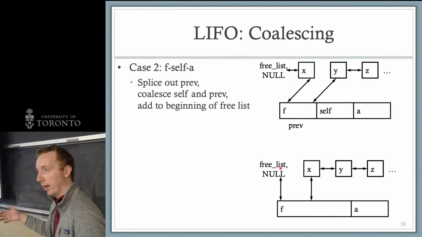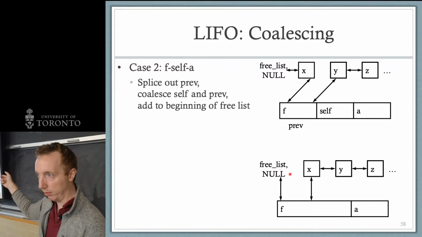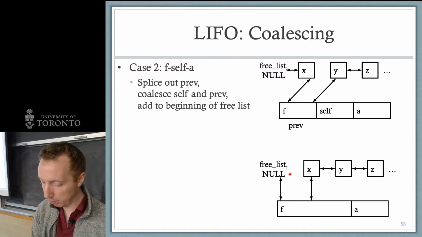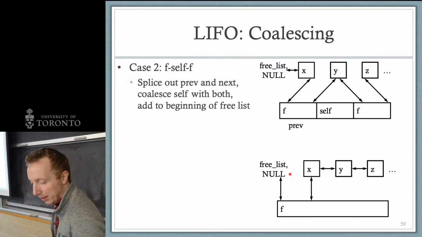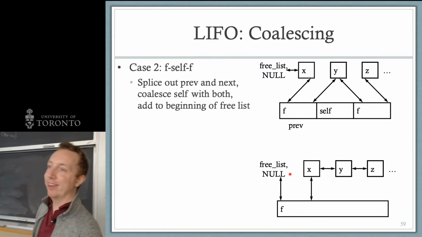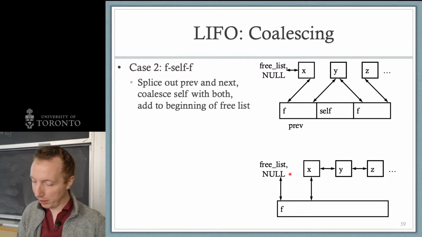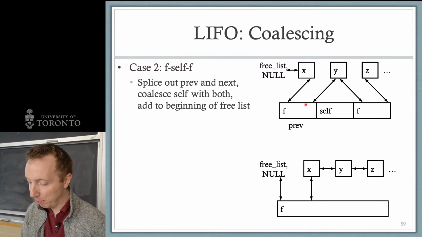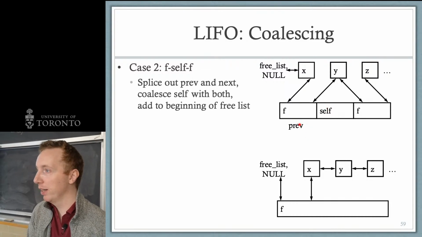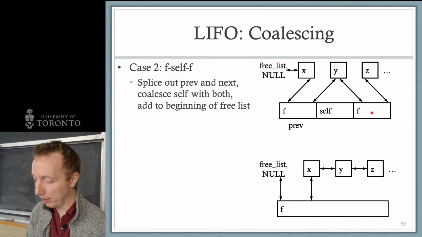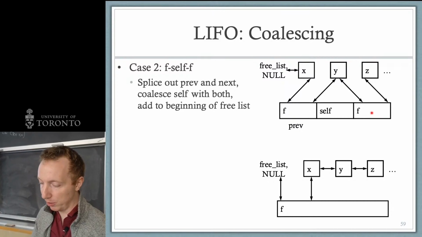And then since it's last in, first out, I now point to this block. So same idea as before. Now, if both things are free, that's a lot more pointer operations, but it's just more fun, right? So I have to splice out the block before me that I'm trying to coalesce, and I have to splice out the block after me that I'm trying to coalesce.